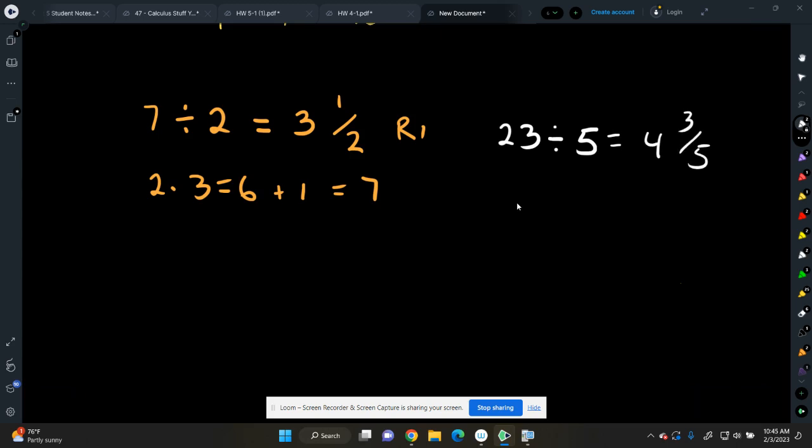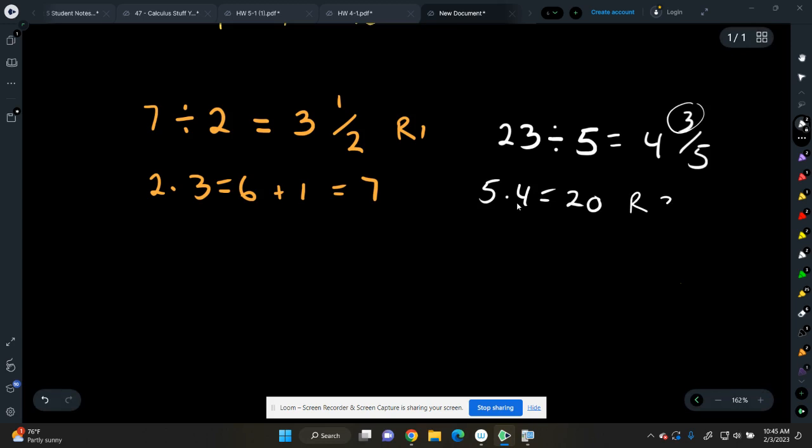Where'd that 3 come from? 5 goes in 4 times, and the next one is 25, so you just have 23. So 5 times 4 is 20, and what's left over? 3. That's my remainder. 5 goes into 23 4 times with 3 left over.